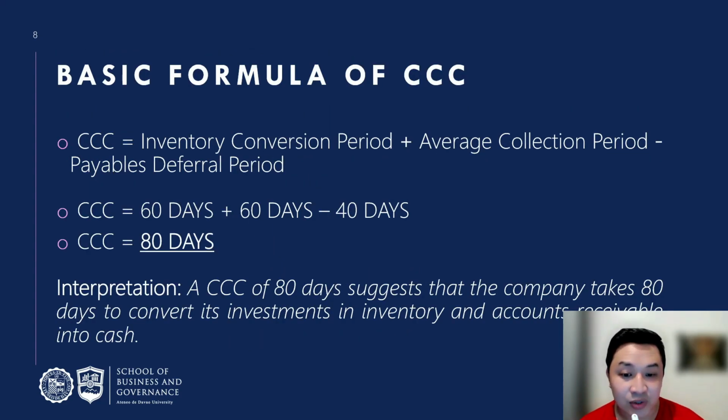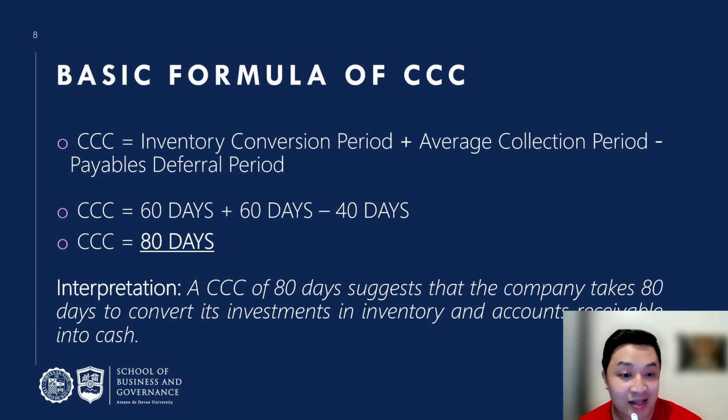As you can see on the screen, this is the basic formula on how to get the cash conversion cycle. The cash conversion cycle equals the inventory conversion period plus the average collection period minus the payables deferral period.